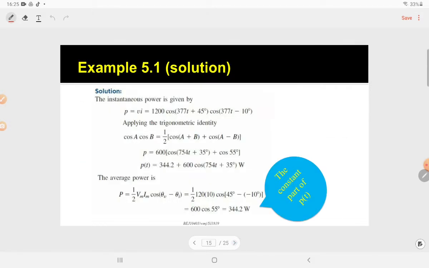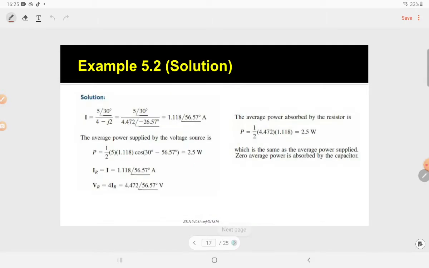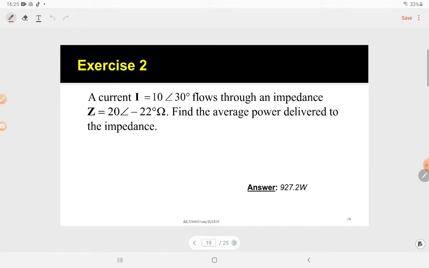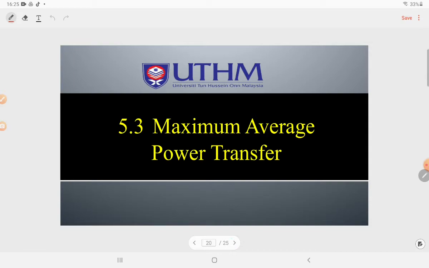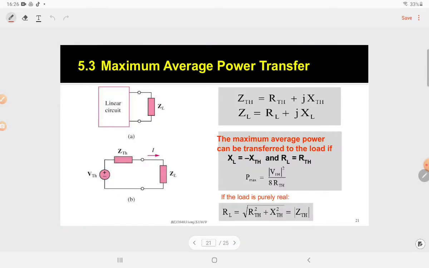Okay, we will not go to the example. We go straight away to the maximum average power transfer. You already did the Thevenin and Norton theorem in the previous AC analysis.